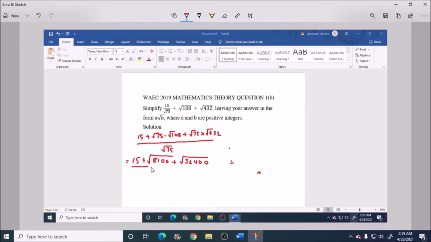So this one will give us 15 plus the root of 8100 is 90, then plus the root of 32,400 is 180. So this is divided by 5 root 3.